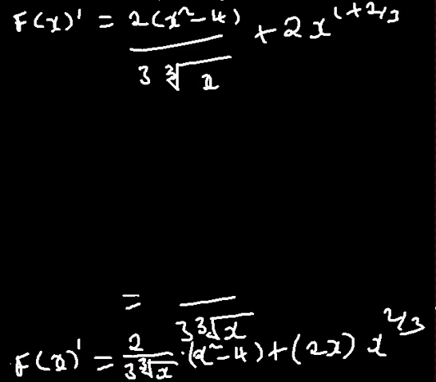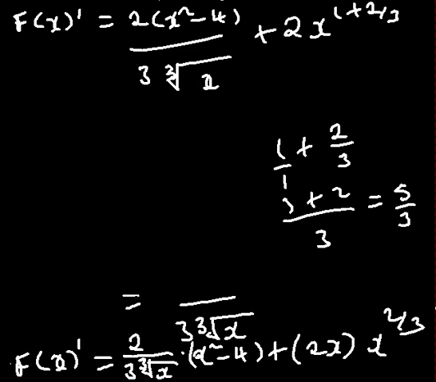Using the laws of indices, since this x has power 1 in the same base, we add the powers, and thus we have 1 plus 2 over 3, which is 3 plus 2, that's 5 over 3.